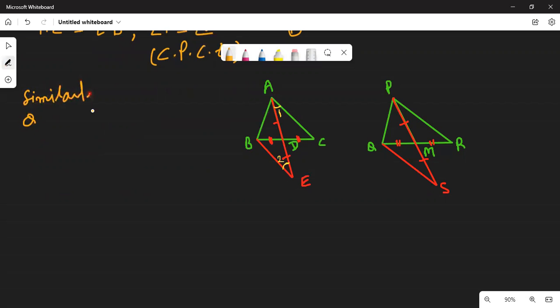Similarly, QM will be equal to MR, and PM is equal to SM.